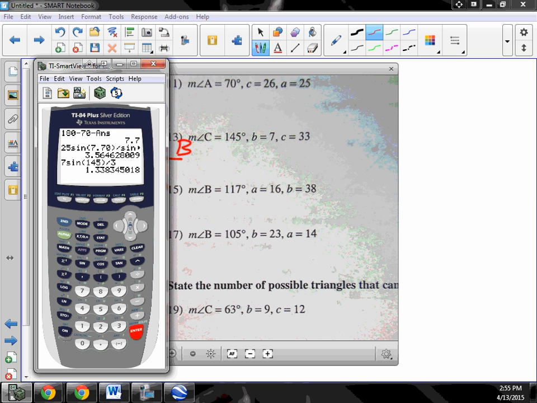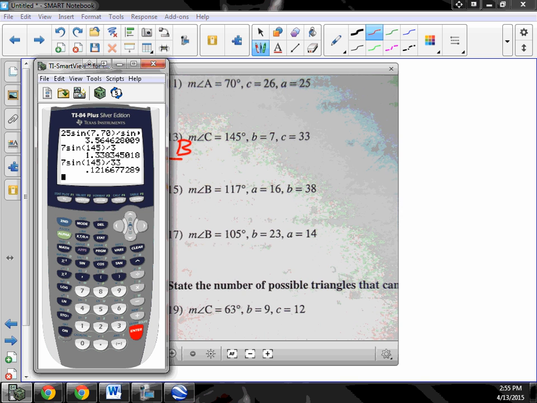Okay. Does this triangle exist? Wait a minute. What did I do wrong? 33. Sorry. Okay, but that's good. If we would have got 1.3, the answer is no triangles, right? But your math teacher doesn't know the difference between 3 and 33. So now does it exist? Yes.